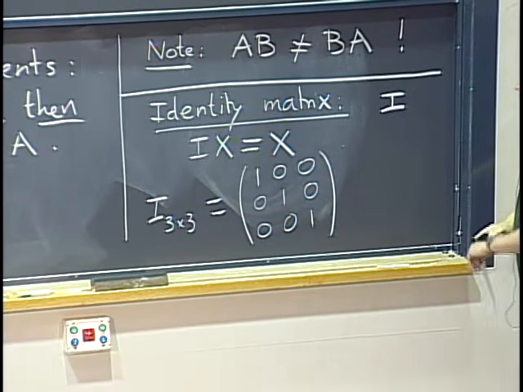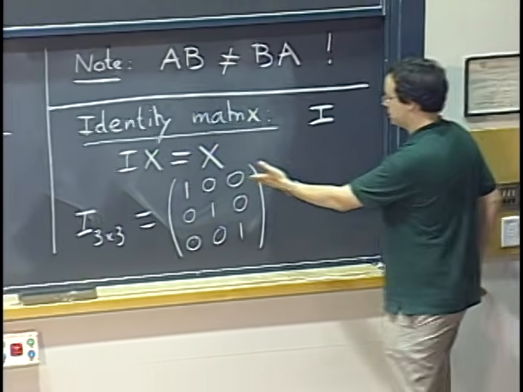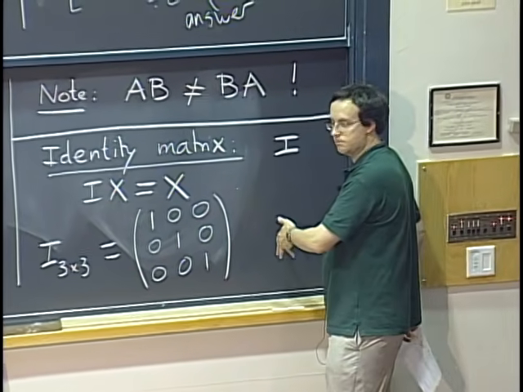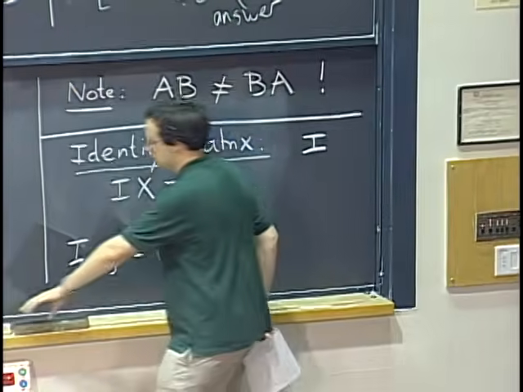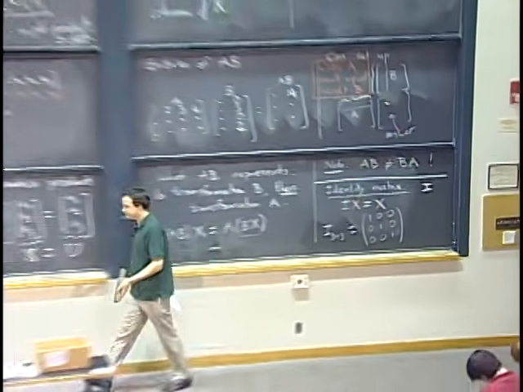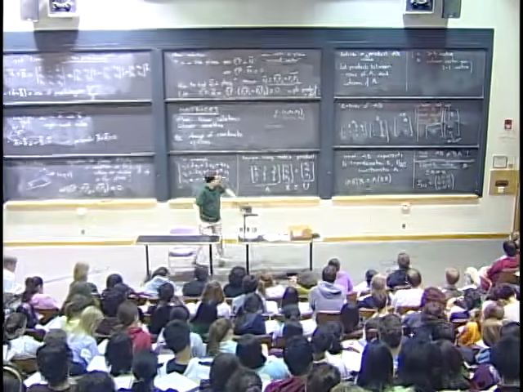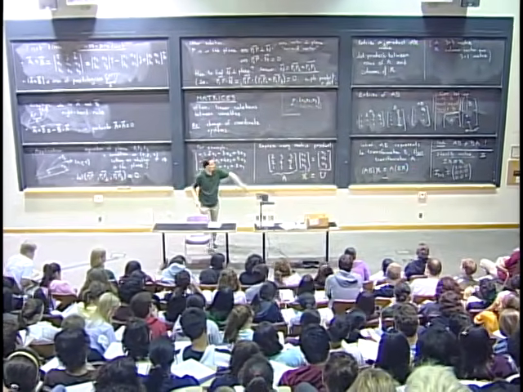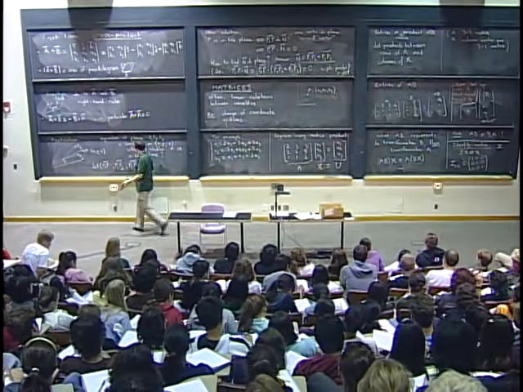Okay, let's check. If we multiply this with a vector, maybe I should do that on a separate board. So start thinking about it. What happens when I multiply this with a vector x?